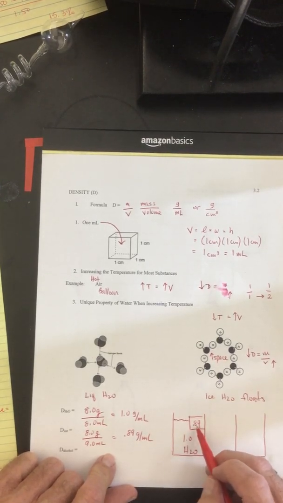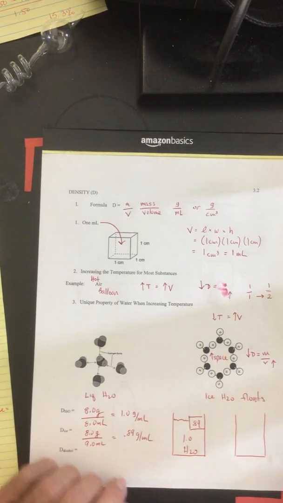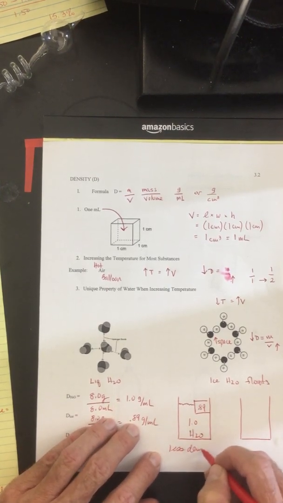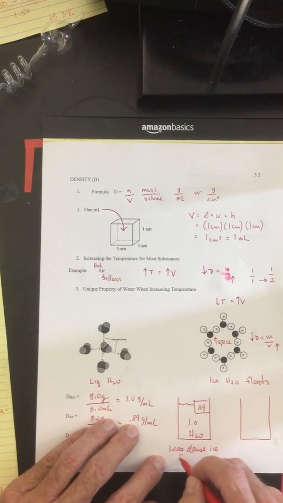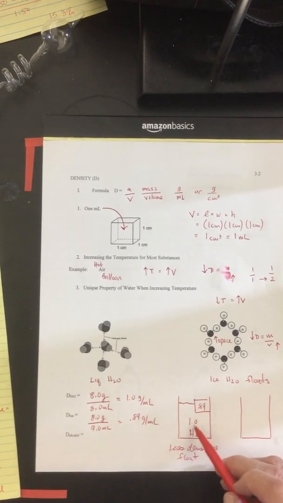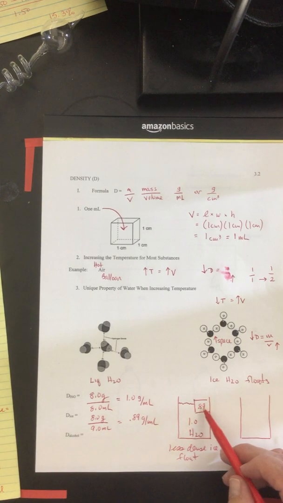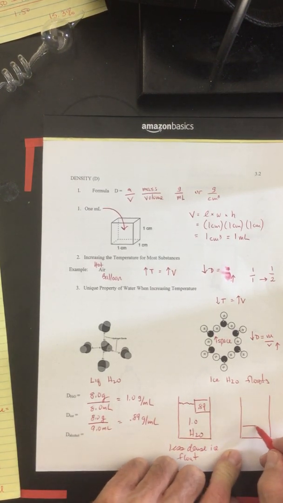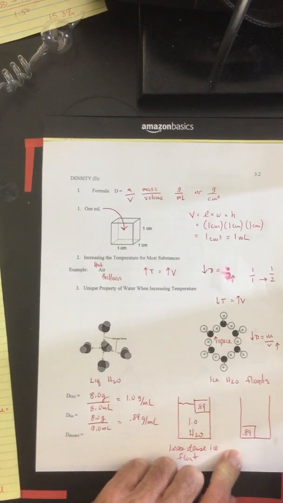Less dense things are supposed to float. Less dense ice is going to float because the density actually is lower than the 1.0. Just like the hot air balloon. Things that are less dense, hot air balloon floats. Ice is less dense than water. It should float. Well, why did it then sink? Why did it sink down to the bottom of my flask?